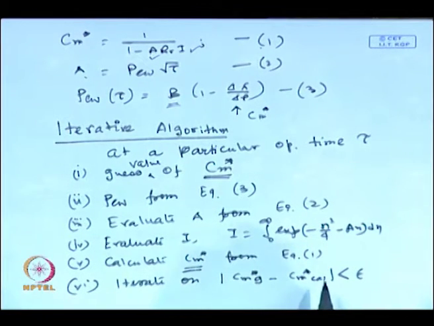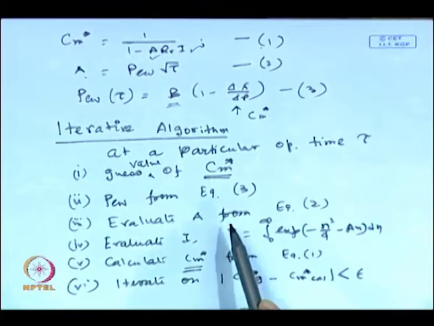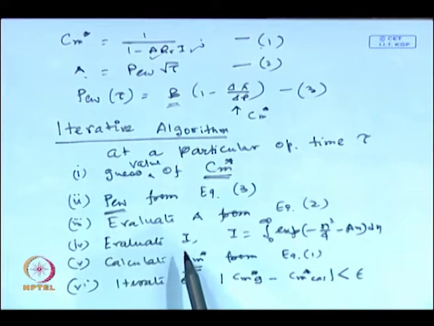what is the final outcome of this exercise? The final outcome is that you will be getting a profile of Cm star as a function of tau, you will be getting a profile of Pw as a function of tau, right.